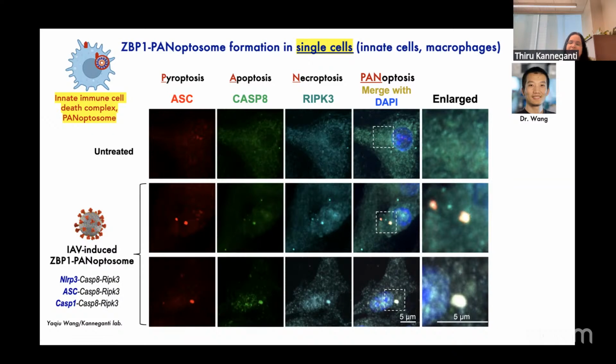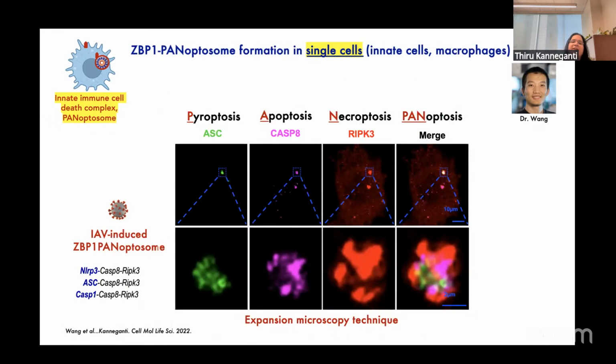We need multiple lines of evidence. We also looked at another model, expansion microscopy, the new technology at that time. And even in expansion microscopy, in single cells, we were able to show the co-localization of caspase-8 together with ASC or caspase-1, and together with RIPK3, which also laid the foundation for the panoptosome concept.